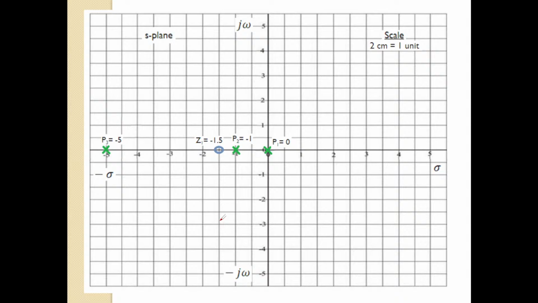Now, let us go to step number 2, to find the root locus on the real axis. On the real axis, there are actually 4 roots.